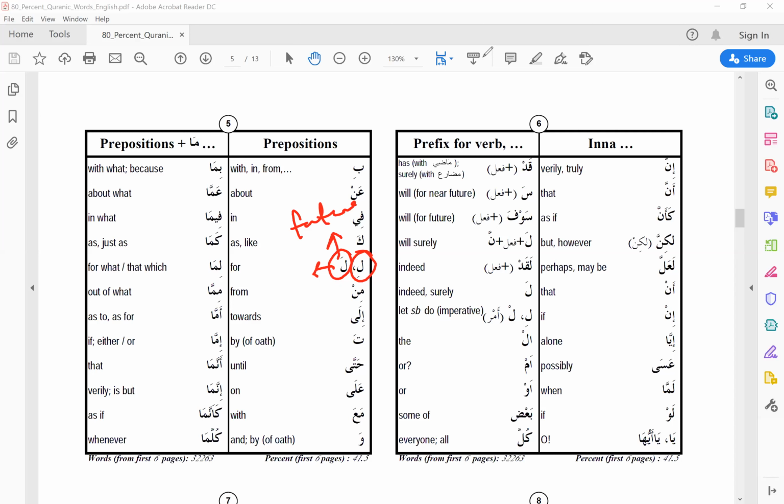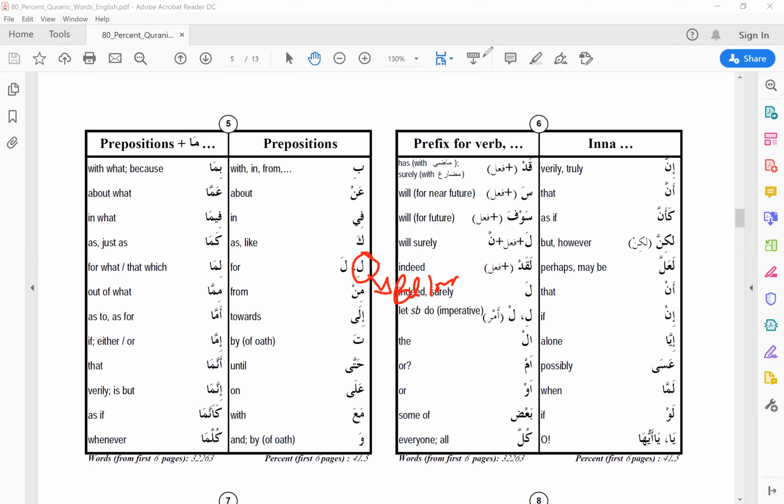So the la would relate to the future, versus the li would mean belonging to someone. The la would mean that you intend to do something in the future. Okay. La akulan. I will eat.